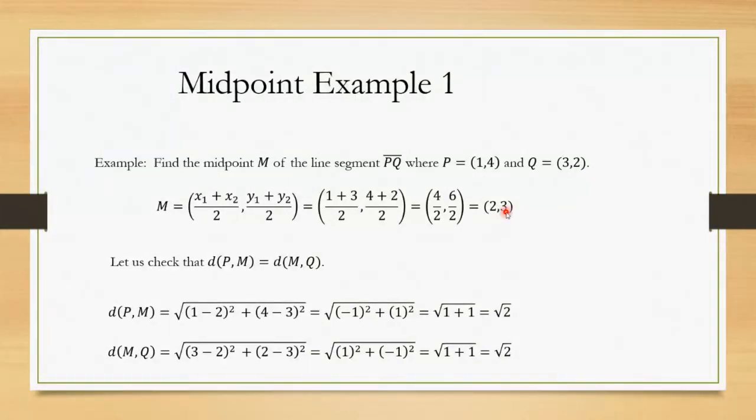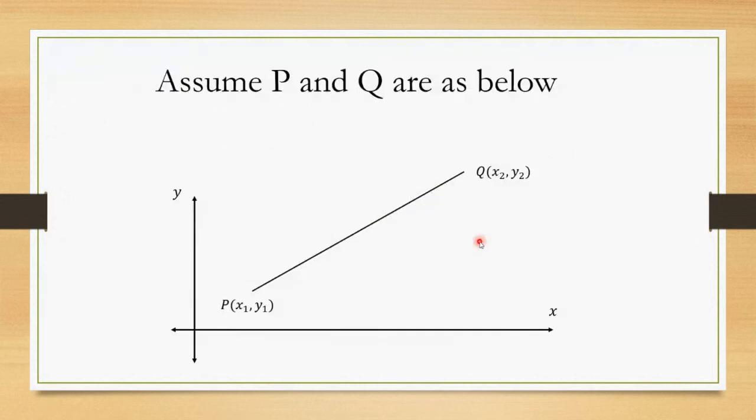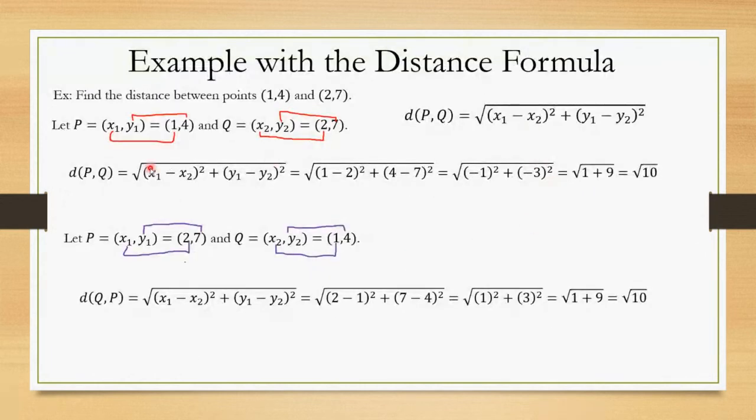Just as a check, let's check that the distance from P to M, this M we've calculated, equals the distance from M to Q. Again, this is our distance formula. If you went back to the distance formula, I said let x1 be this, x2 be this, and so on.